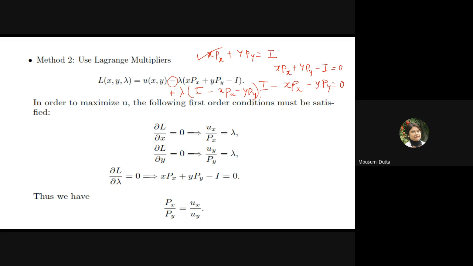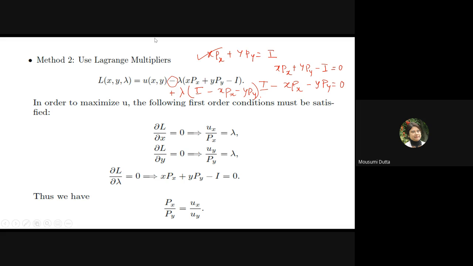Now, for any kind of maximization, the idea is same. With respect to the variables of the model, we will take differentiation. We will get several first order conditions, and solving the first order conditions, we will get the equilibrium solution.